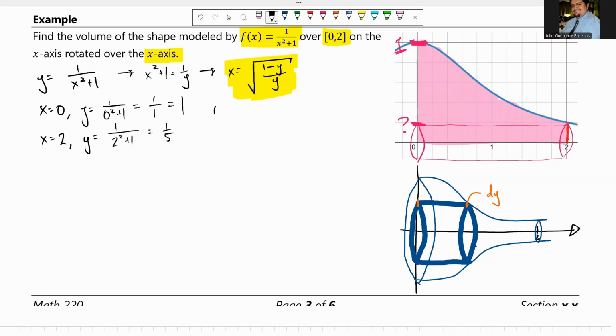We basically said 0 to 2 on the x-axis is equivalent to 1/5, comma 1 on the y-axis. Got it? Okay. So we have our function, and we now have our new limits of integration.